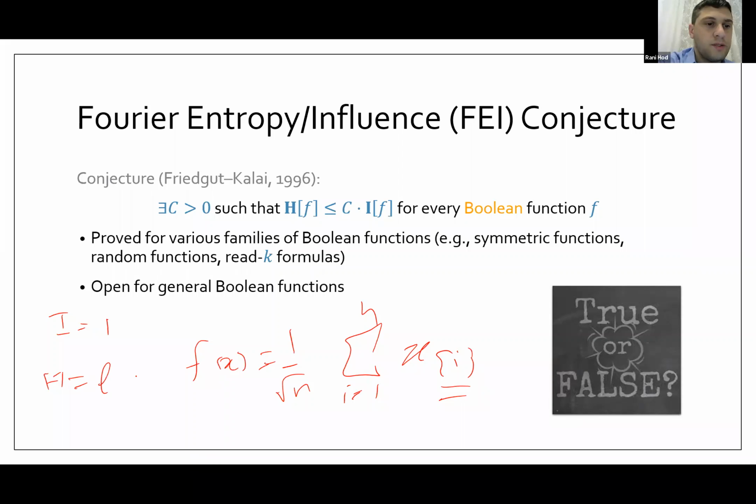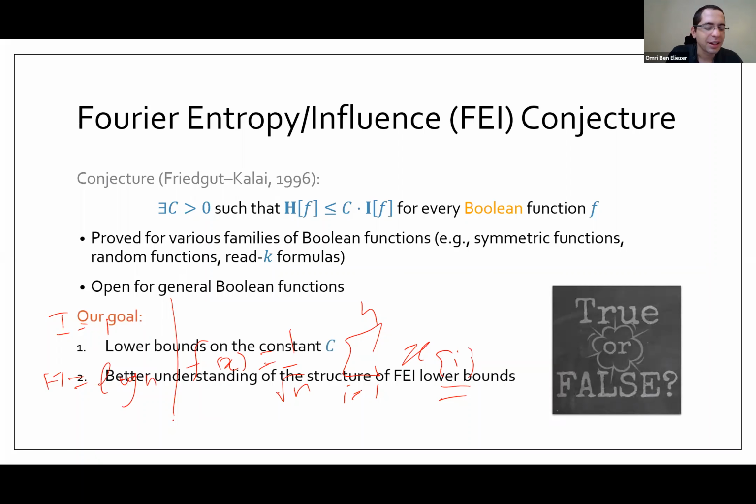But the entropy, this is uniform over n variables, so you have something like log n. So that means that the ratio is not constant. But when the function is Boolean, then we believe the conjecture says that this should be at most a constant ratio.